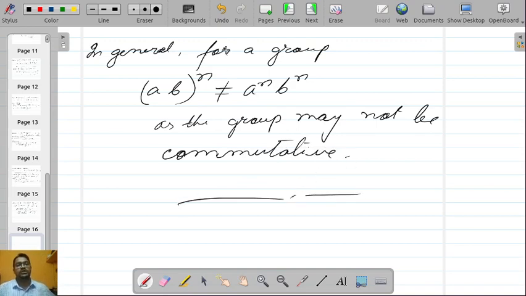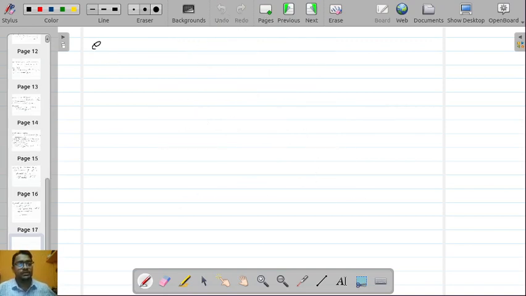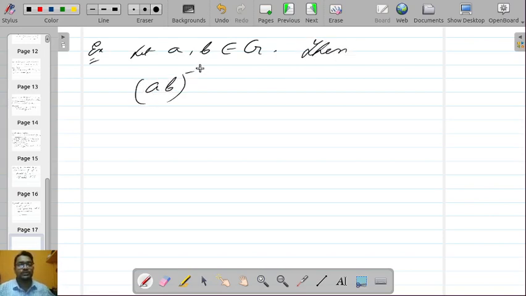Okay, so let us do one very simple exercise. Let a, b belong to G, where G is a group. Then (ab) whole inverse is the same as b inverse a inverse. Okay, so how do you do it?